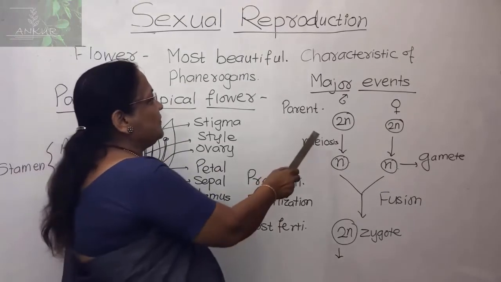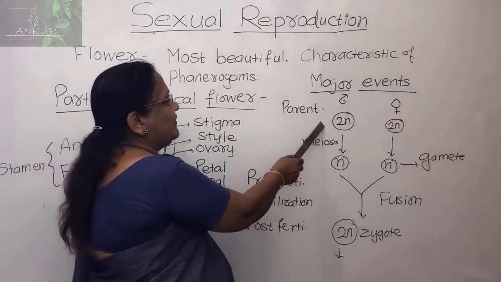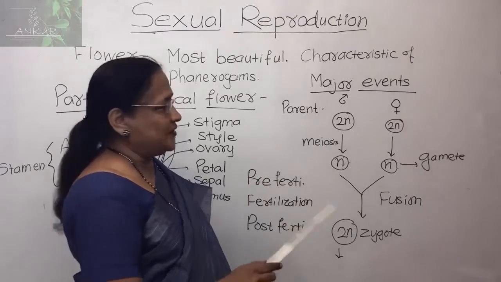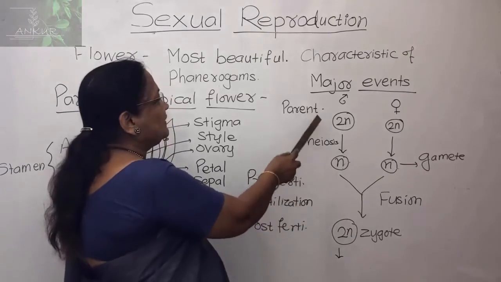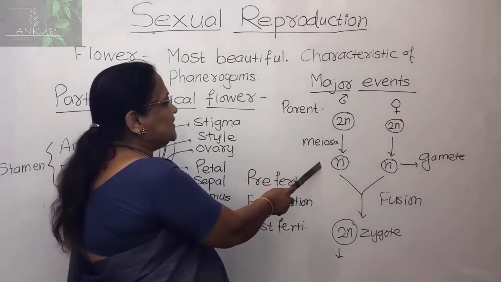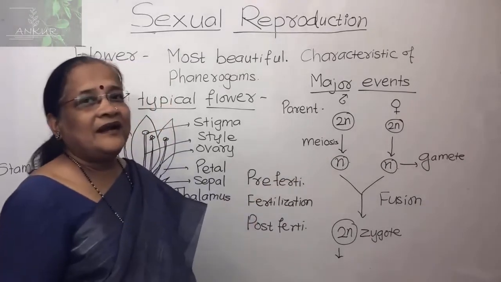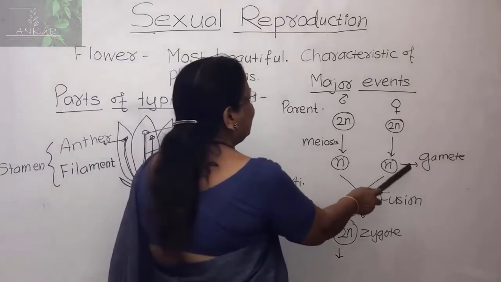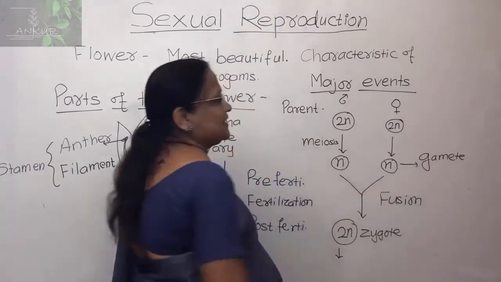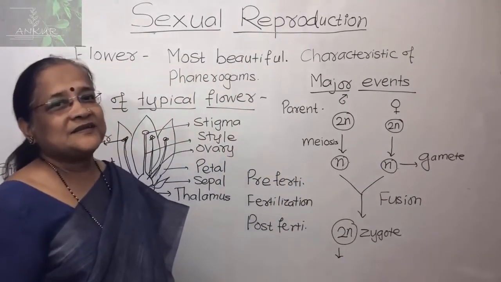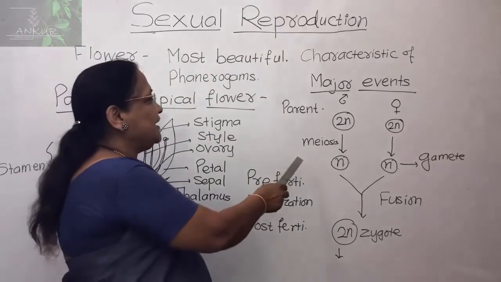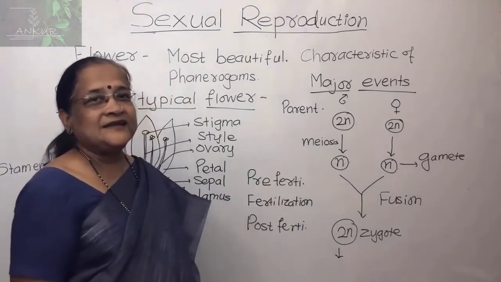Meiosis is the reductional division. In the parent we have a 2n number of chromosomes. At the time of reproduction or before reproduction, that 2n gets converted into n, and the structure with n number of chromosomes is called the gamete, which is the smallest unit of reproductive structure of male and female.